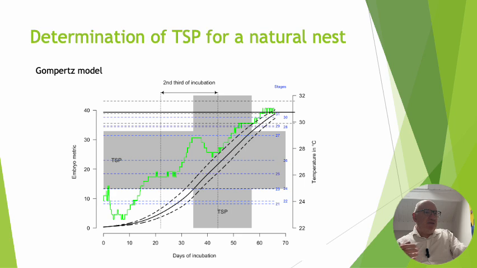Then we have established when in Miller stages the TSP occurs during development. To use a time series of temperature, we need to convert the TSP in stages to TSP in days of incubation. Then we need a model of a thermal reaction norm of growth of embryo, taking into account temperature.